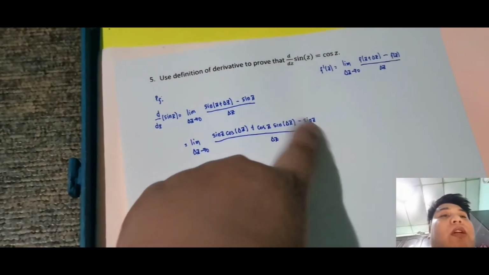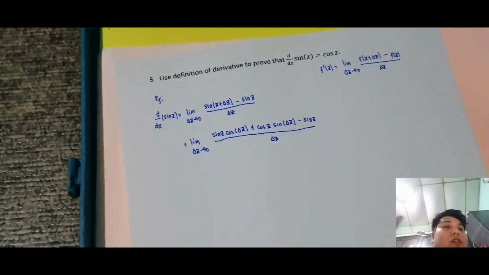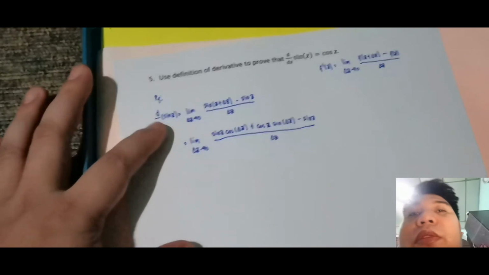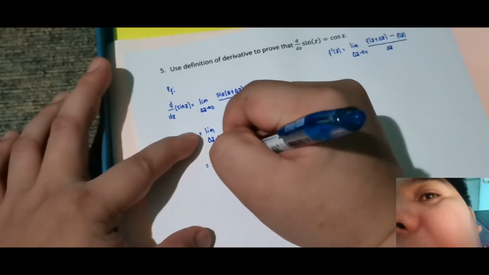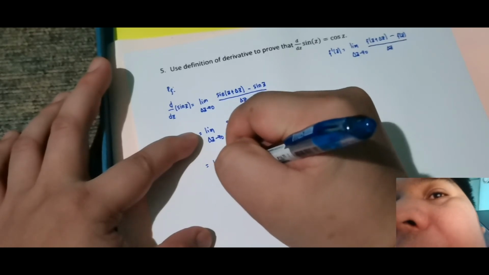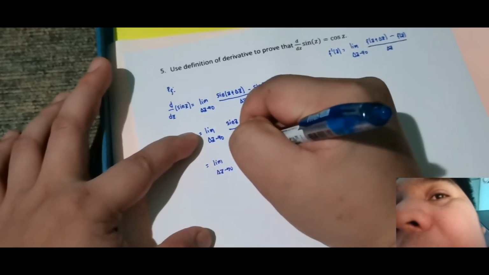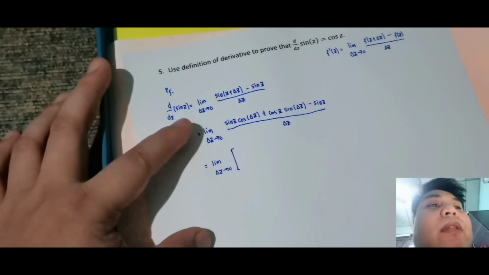Kumbaga pagsasamahin ko itong dalawa, parehas kasi may sine z, tapos bibiyakin ko yung fraction. So meaning parehas silang may over delta z. So ulitin ko lang, ito yung limit as delta z approaches 0. So lagyan ko na dito ng malaking bracket.